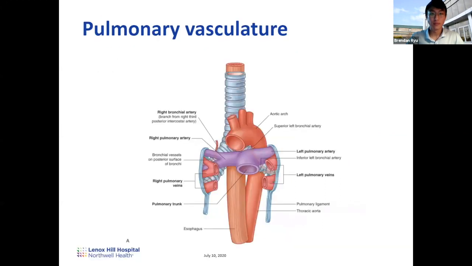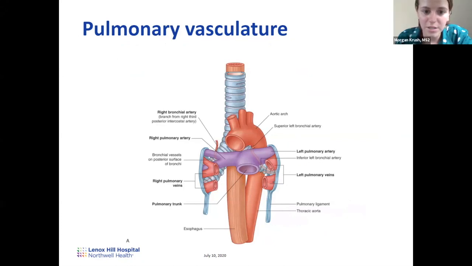So real quick, this is the last slide, and this is just talking about pulmonary vasculature, which is really a good segue into next week when you guys will be focusing on the heart. So we have pulmonary arteries and pulmonary veins, and arteries, as you might know, bring blood away from the heart, and veins bring blood to the heart. So your pulmonary arteries are bringing blood away from the heart to the lungs.